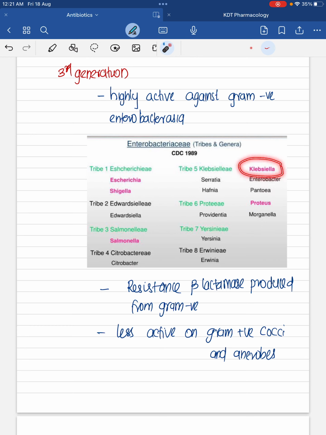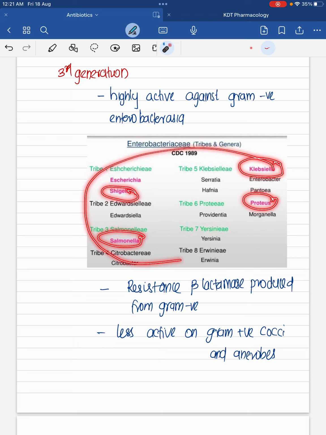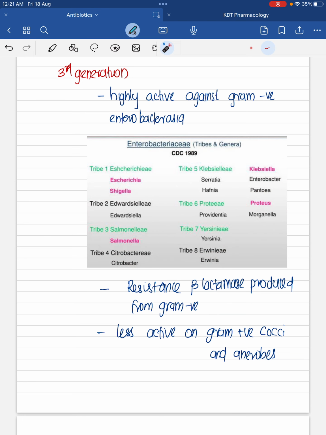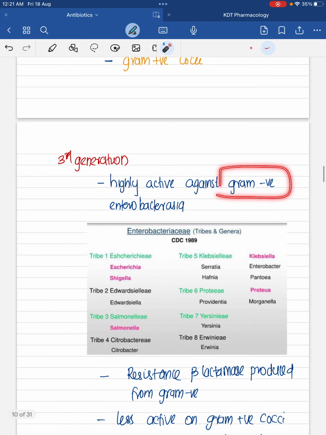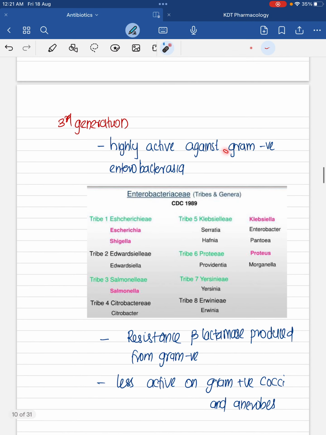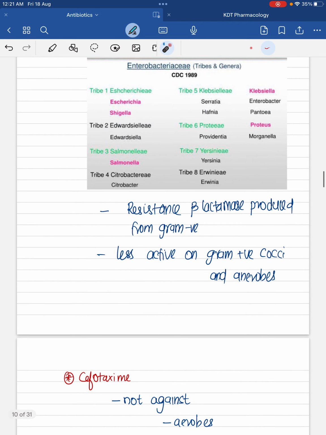Klebsiella, pneumonia; Proteus, urinary tract infection; Salmonella, enteric fever; Shigella, dysentery. So they are active against the majority of gram negative Enterobacteriaceae infections, and they have some action on cocci also, less active, but some action is there.